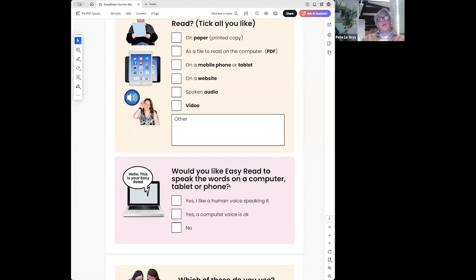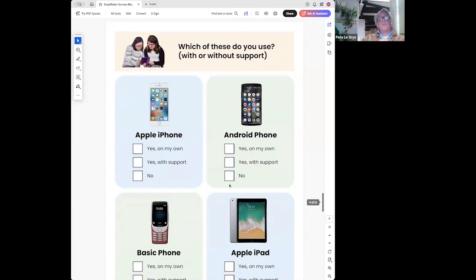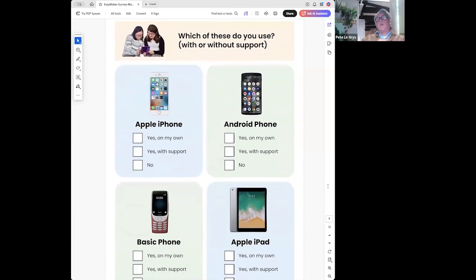Okay, so if we move down a bit, there are a lot of Apple iPhones out there, and fewer basic phones than I thought there would be. This bit needs careful handling as well, because I don't want anybody to feel inadequate for only having a basic phone as I'm going through.